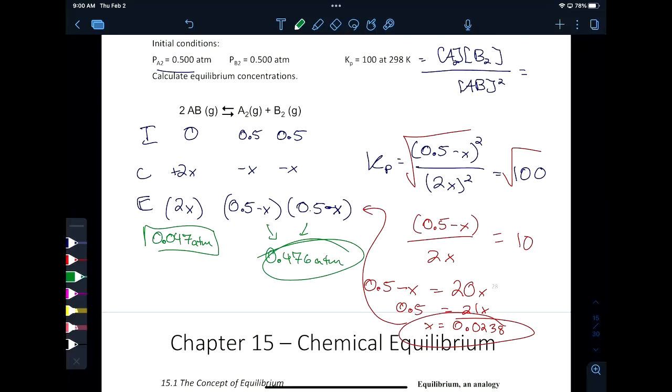If it doesn't, then you can't use the approximation. I'm not sure if you could do it here. K is fairly large, so it's going to stay primarily on the product side, but I don't know to what extent. I don't feel like putting it into Wolfram Alpha, so that's good practice for you to check if you could make that approximation.